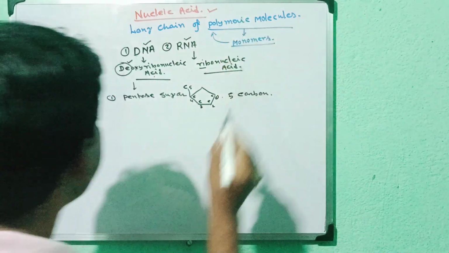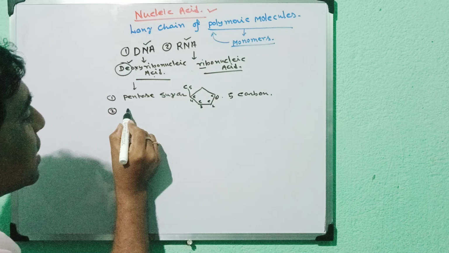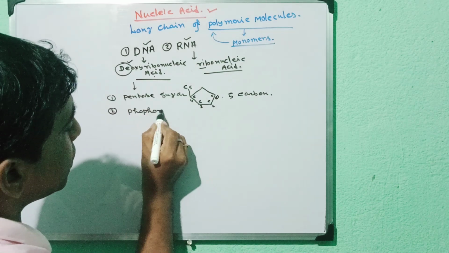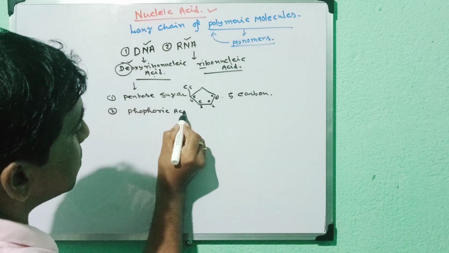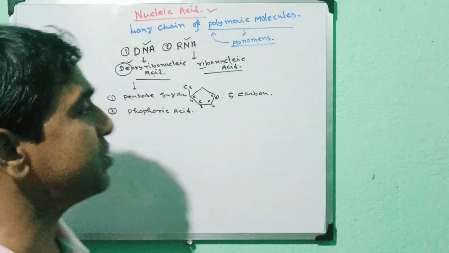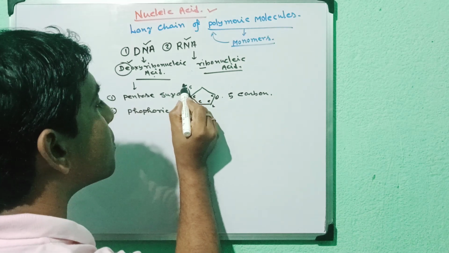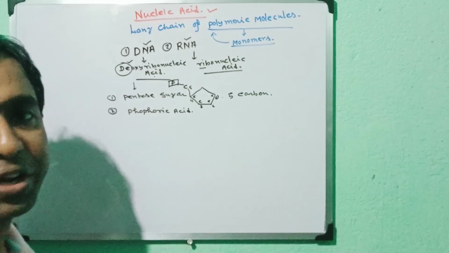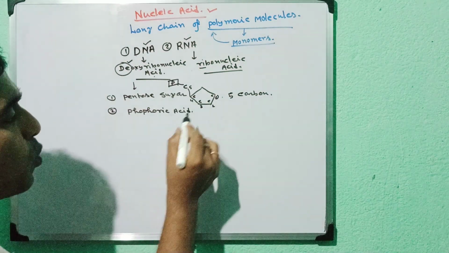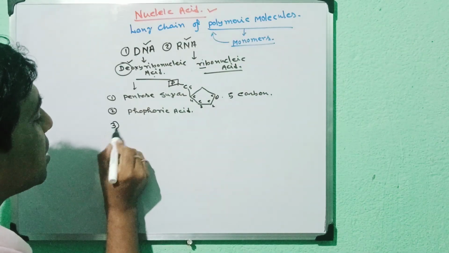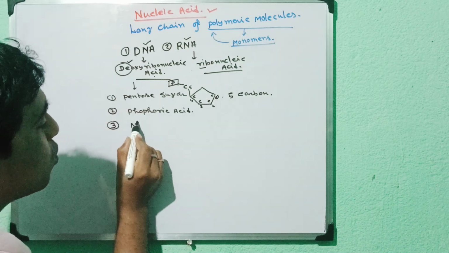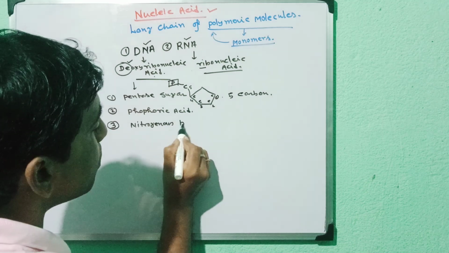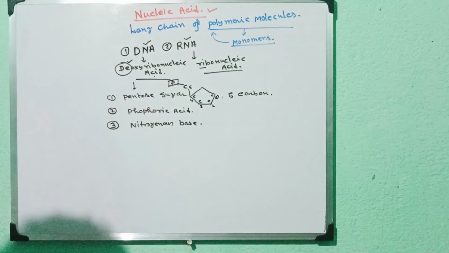Second, there is phosphoric acid, a phosphate group, already attached at the 5th carbon position. And third, there is the nitrogenous base.